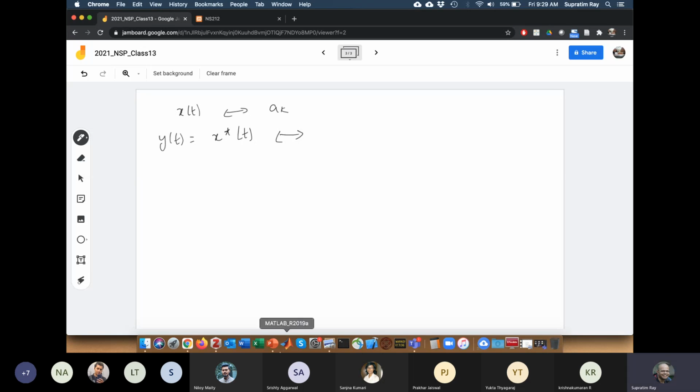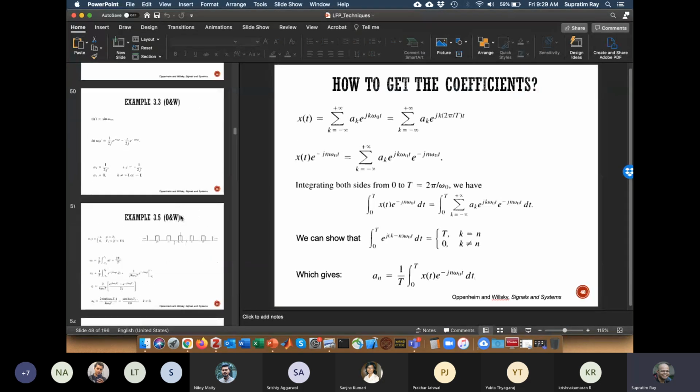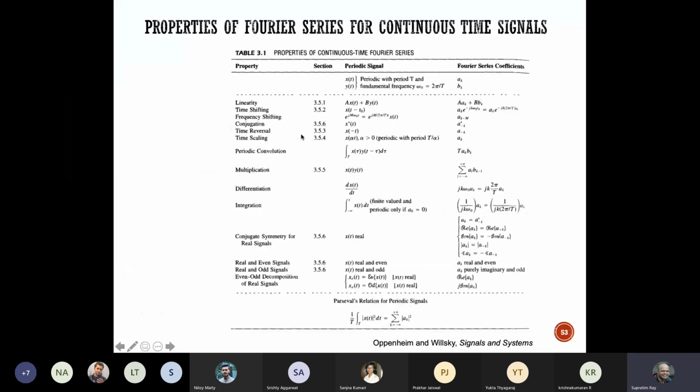We did that in the previous class, but I'll go back, because things are happening fast right now. Do you guys remember? We proved in the last class that if I take the conjugate of a signal, what I end up getting is the flipped axis in the frequency domain: the conjugate of a at minus k. That's the relationship.